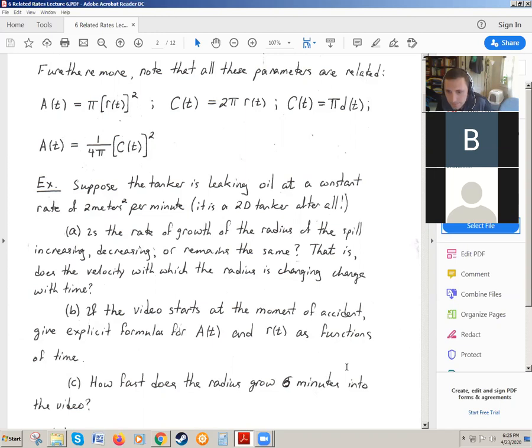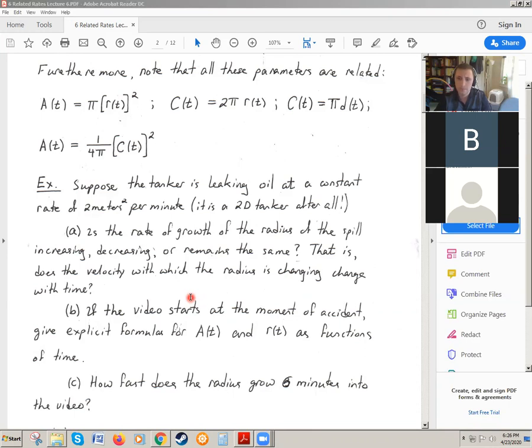I'm not fully understanding, Professor. The question? Yeah. The question is, first of all, the radius, right? You're watching this movie. You see that this puddle is growing, correct? The oil is being spilled at a rate of 2 square meters per minute.